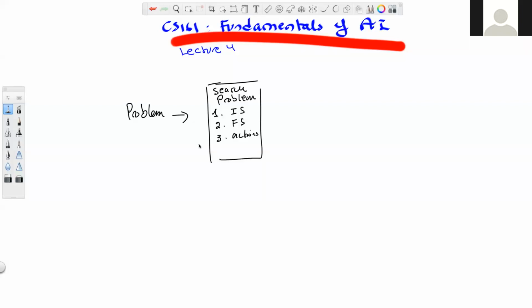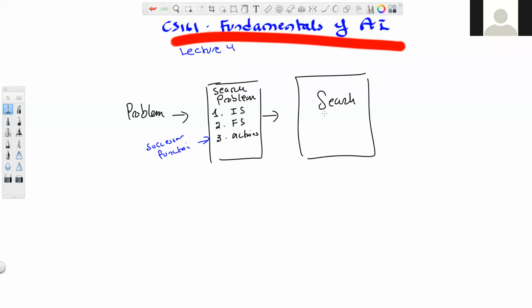And we even said that this is something that can be specified using what we call the successor function, which is a useful abstraction. And then we said that we pass this to what we call a search engine. And then we get a solution.